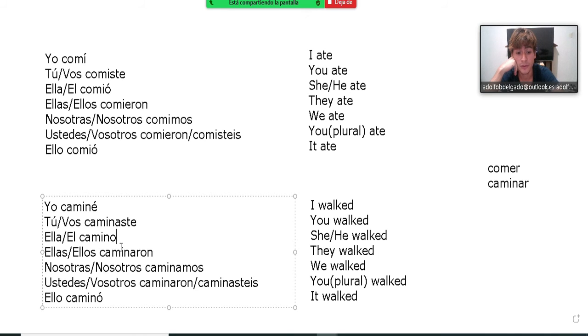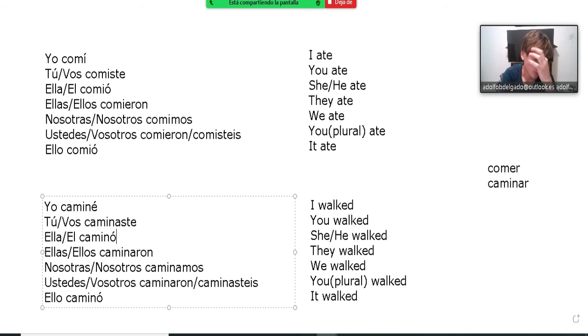This camino means road. But caminó is the past tense of walking. So yes, I recommend you learn the accent marks.